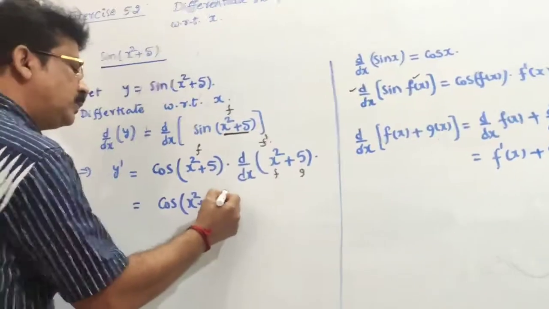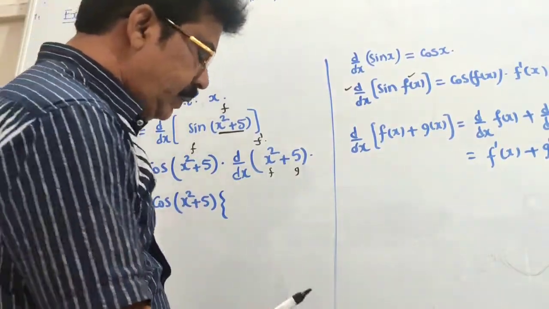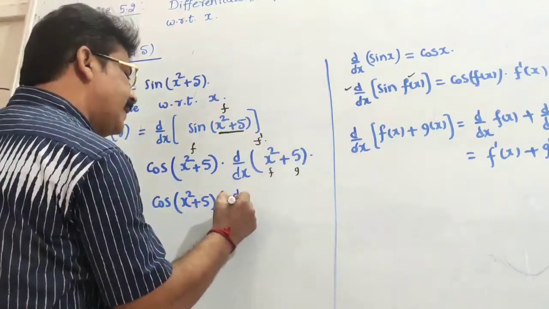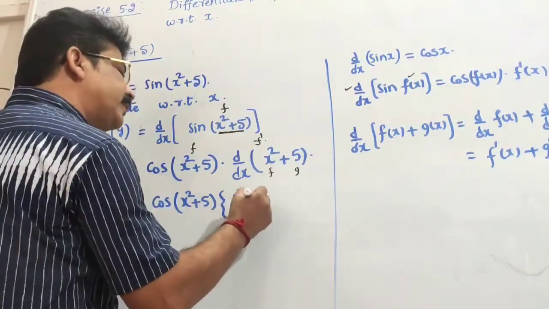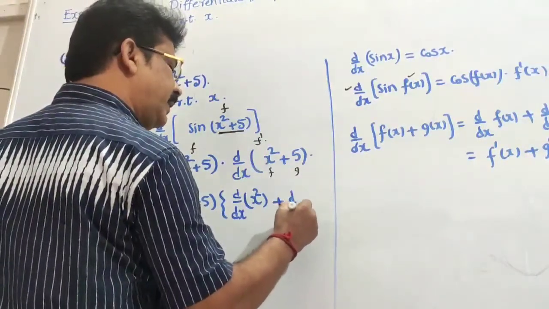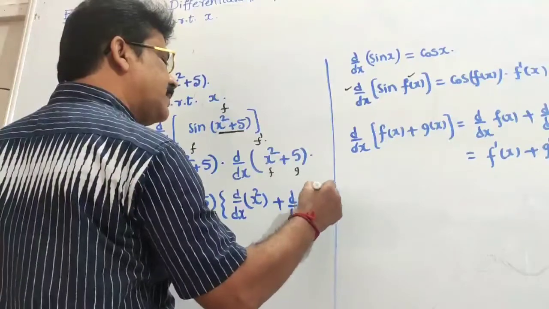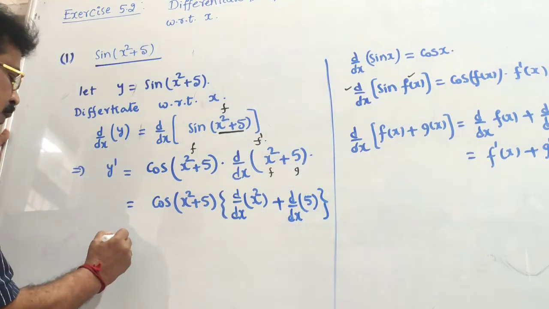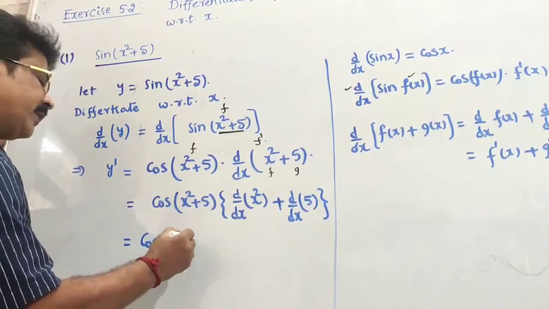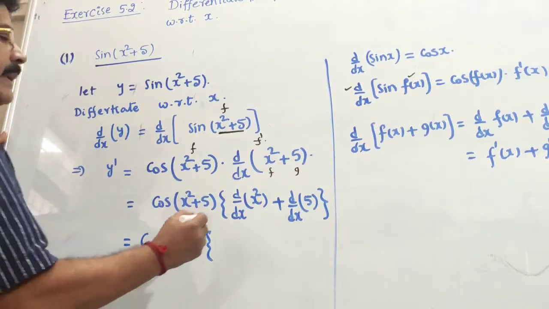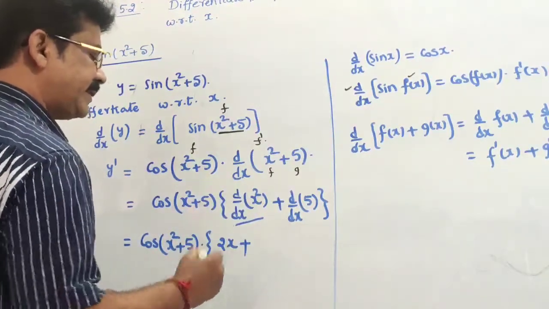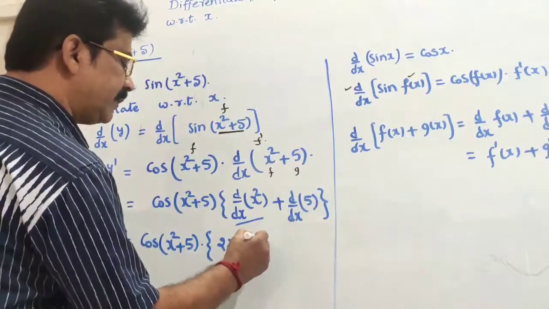So into flower bracket begin, into d by dx of f of x plus d by dx of g of x, so that equals cos of x square plus 5 into d by dx of x square, direct formula, it is 2x, already I said, d by dx of constant is 0.